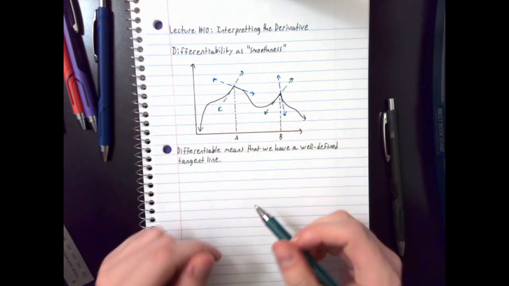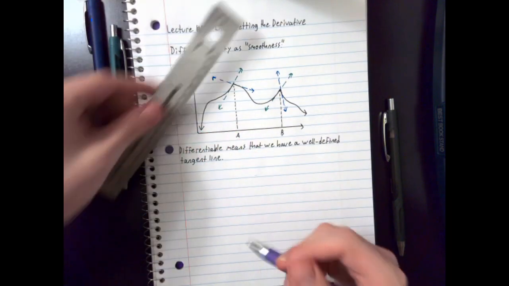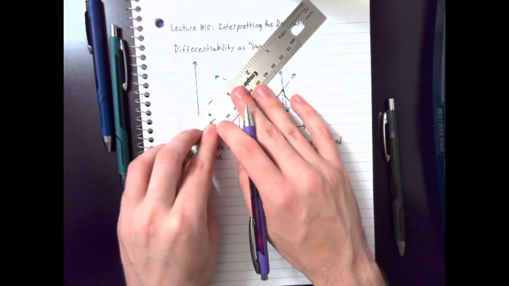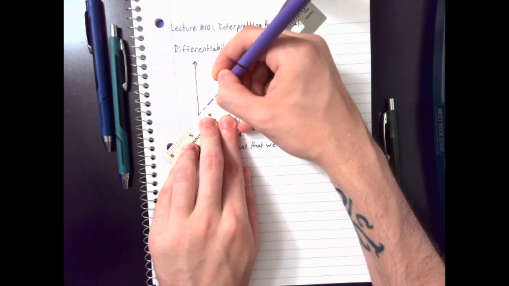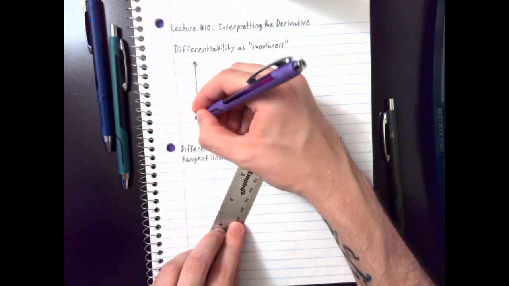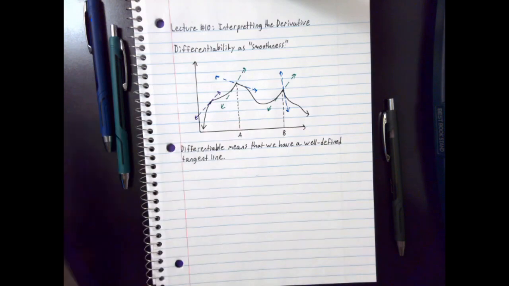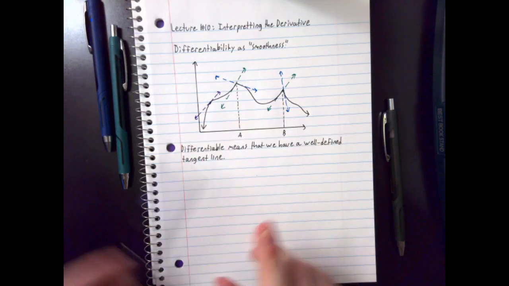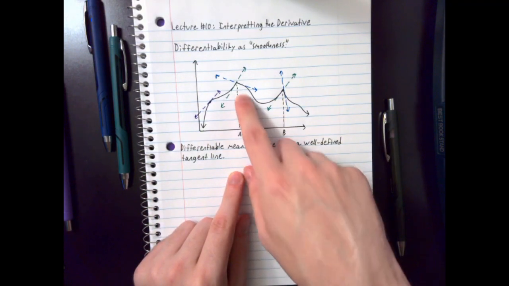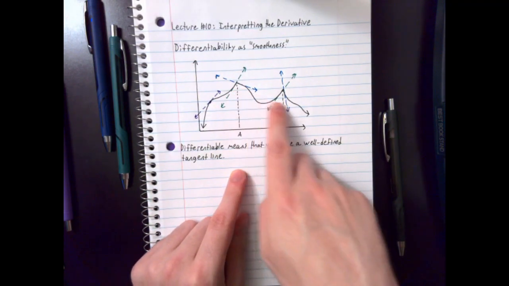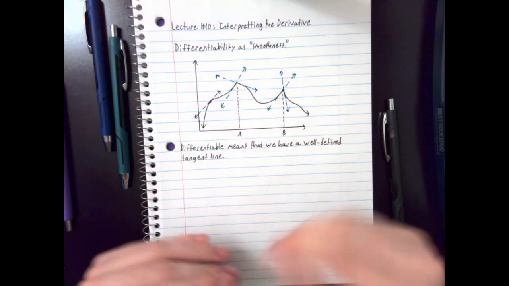They are clearly not the same line. However, if I were to draw the tangent line at a smooth point, well, then there's no problem. The tangent line exists, and it makes perfect sense to look at it and think about it as an actual object. So when a function fails to be differentiable, what it means for the graph is that the graph is going to exhibit some sort of behavior where the tangent lines from the left and right do not agree.